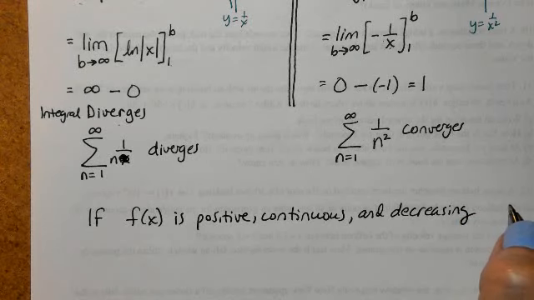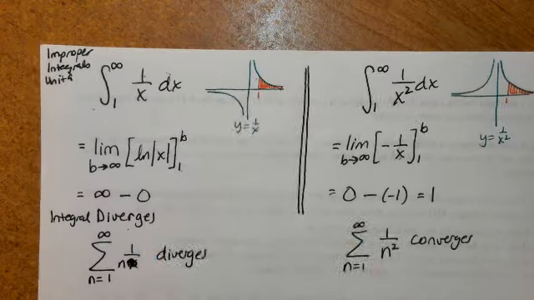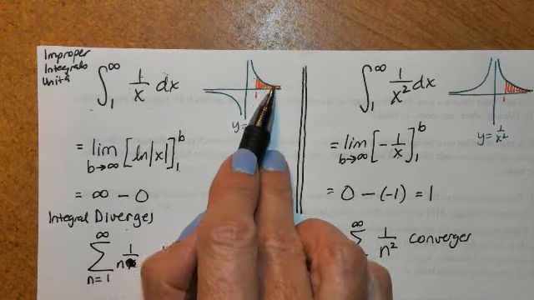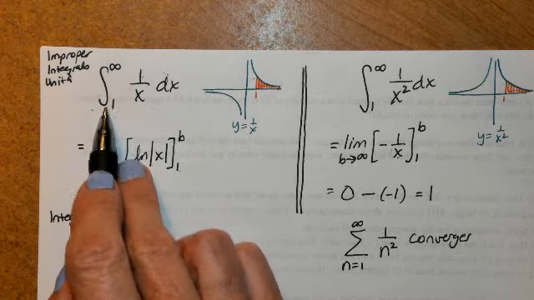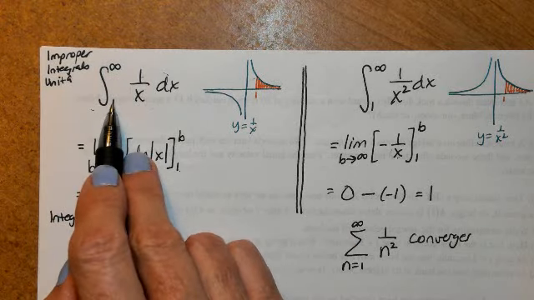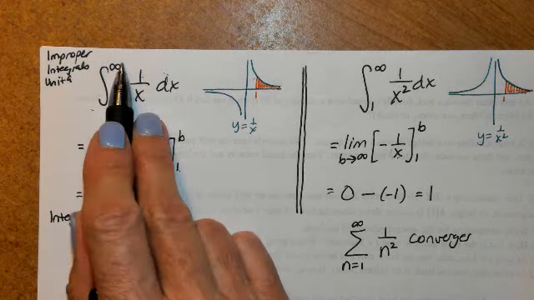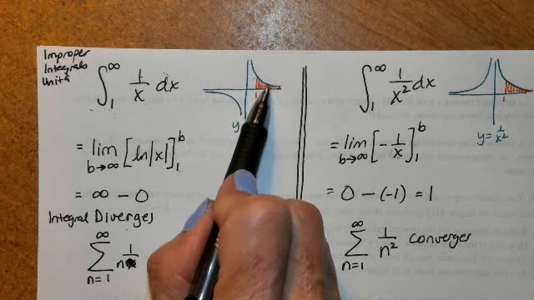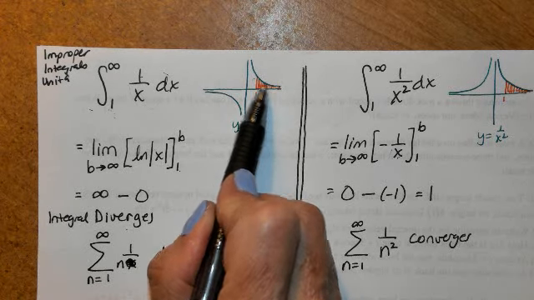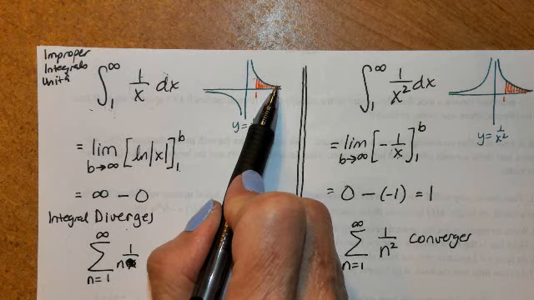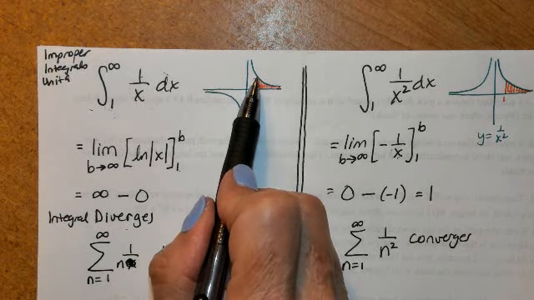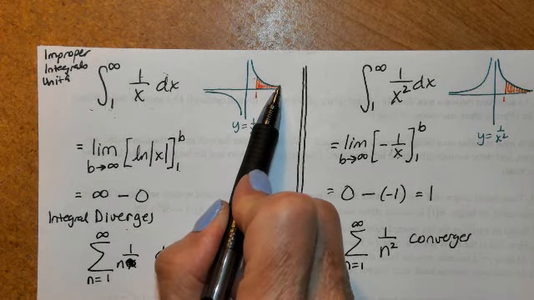Positive, continuous, and decreasing. Is f of x, for your boundaries, and we only care about the boundaries, right? From 1 to infinity. Is f of x positive? Yes, because it's above the x-axis. Is it continuous? Yes, it's continuous. There's no value in here that makes the function undefined. Is it decreasing? Yes, it's decreasing.